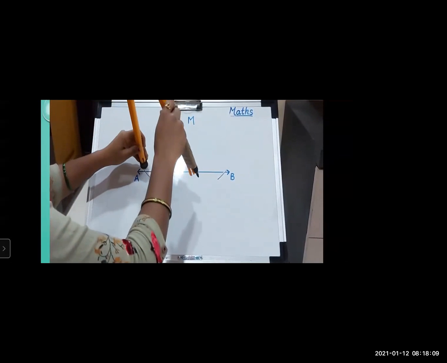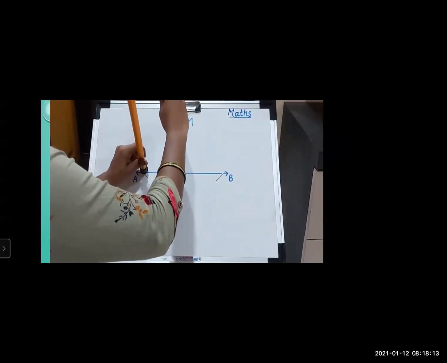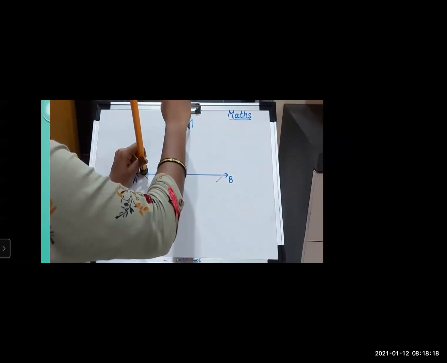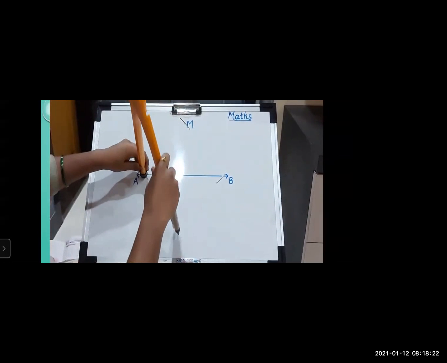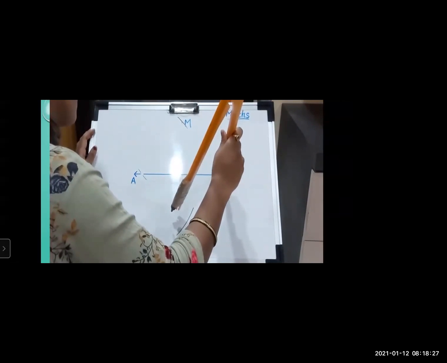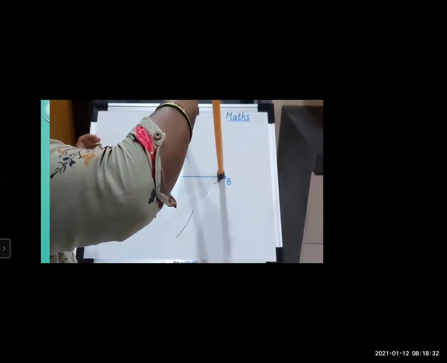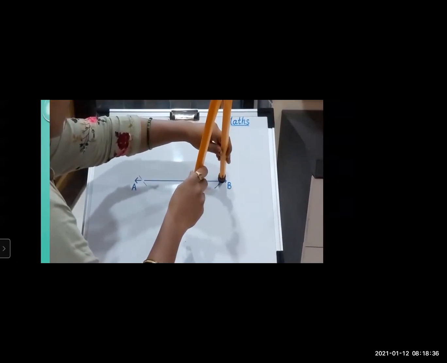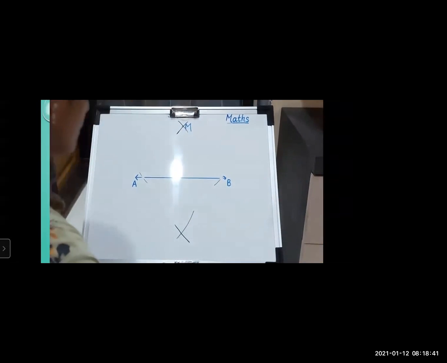Now I have got both the arcs on the line AB. Now take the distance from the arc to point M and draw the arcs on both sides of the line AB. Now again, keep the pointer exactly on the point and draw the arcs on both sides of the line.